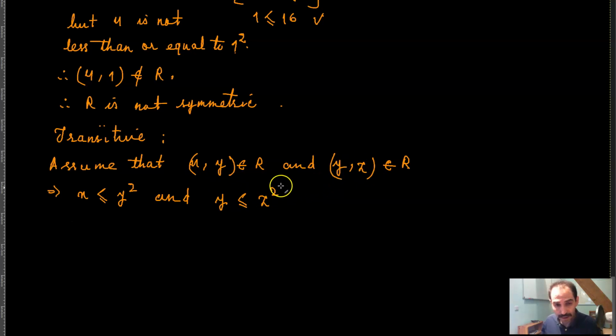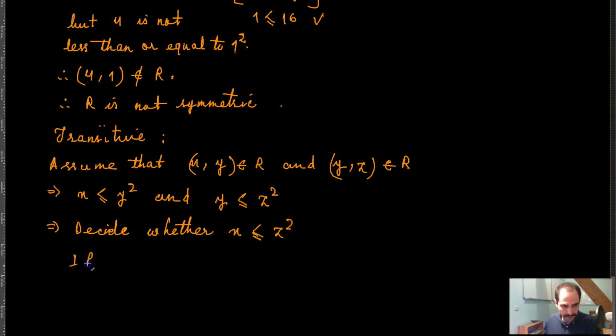And then based on that, you need to decide whether basically x is less than or equal to z squared, right?